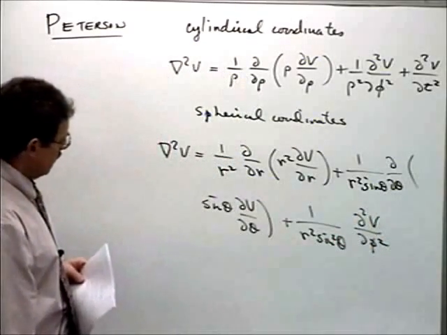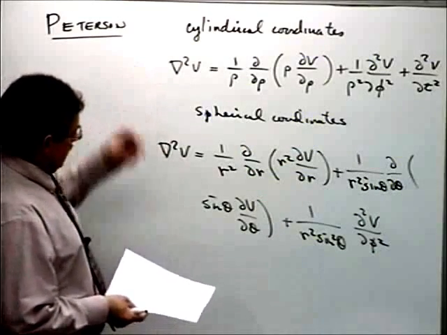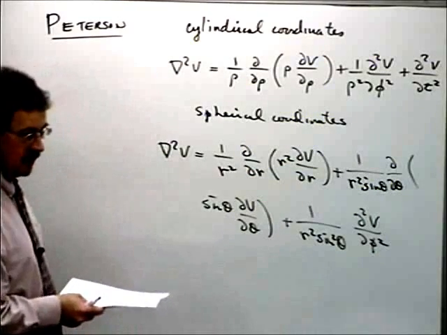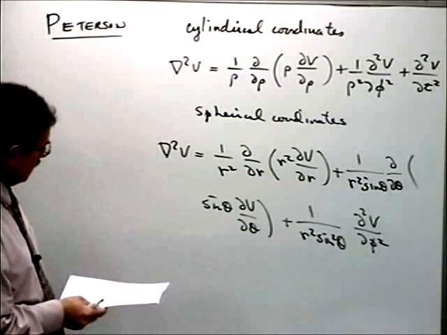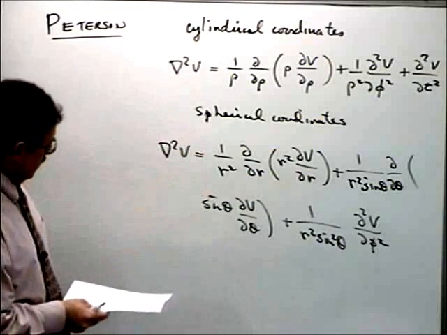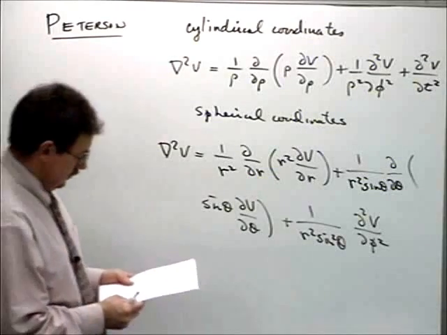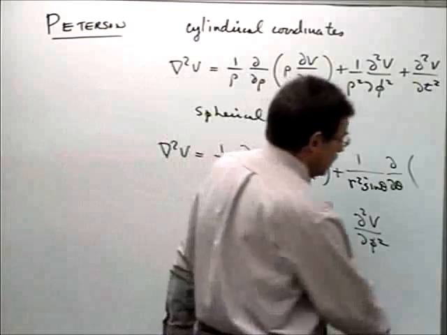So these are normally not formulas you try to remember. You would look these up on the inside cover of your textbook or wherever you happen to have them jotted down if you need them. But they just give you the direct way of computing this in the cylindrical and spherical coordinate systems. Okay.